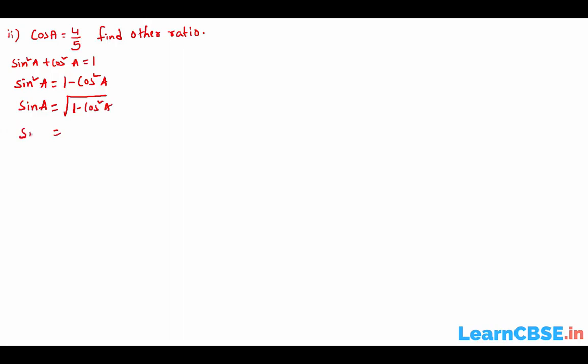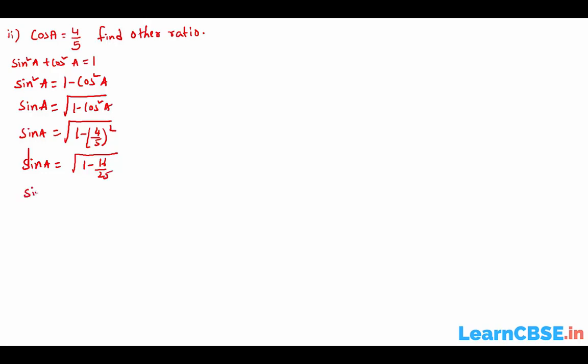Now sin A equals under root of 1 minus, substituting the value of cos A, 4 by 5 whole square. Then sin A equals under root of 1 minus 16 by 25.